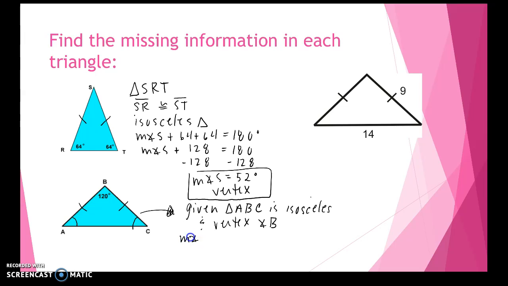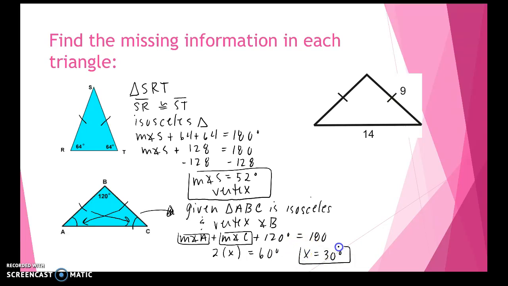So I know the measure of angle A plus the measure of angle C plus 120 degrees has to equal 180. That's my triangle sum. Furthermore, I know these are the same value. They represent the base angles. They're opposite the congruent sides. Subtracting 120 from both sides, I get 60 degrees. So each angle measure would equal 30 degrees. Okay, so the measure of angle A is 30 degrees, and the measure of angle C would be 30 degrees.